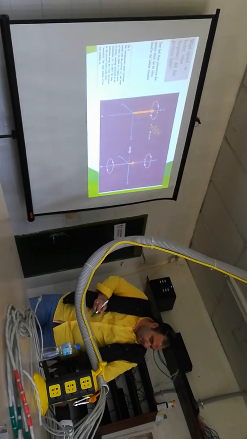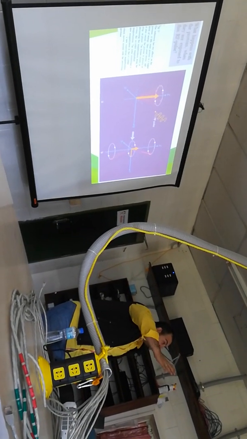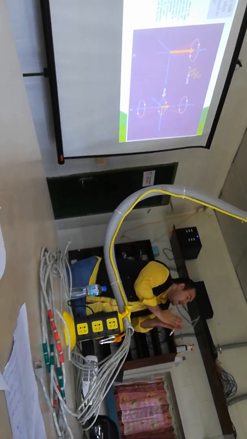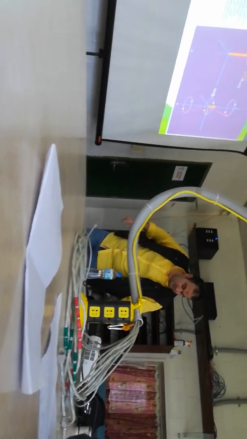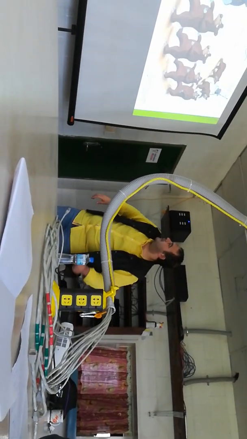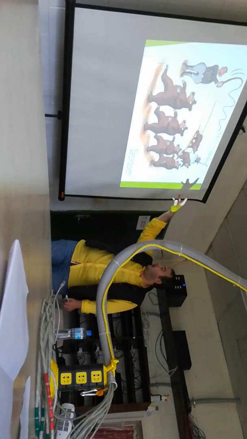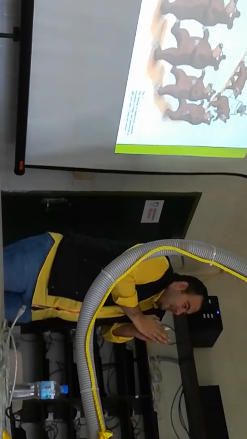Now, when I send the radio waves, these radio waves cause all protons to be in phase, to be in synchronization. When I send these radio waves, all of them move in a synchronized way, in phase.